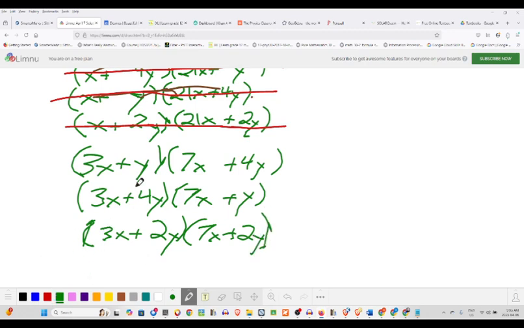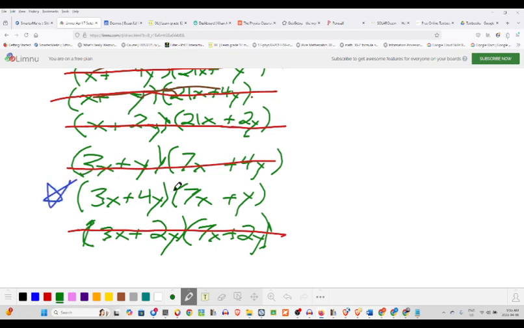Now, for efficiency, I do recommend starting with things closer to the square root. So the 3, 7 is more likely to work out than the 1, 21. If we look at the one with 2 and 2, the bottom one, our cross term would be 14 plus 6, which is 20. It's not that one. 7 plus 12 is 19. So it is this one, if it's going to work at all.